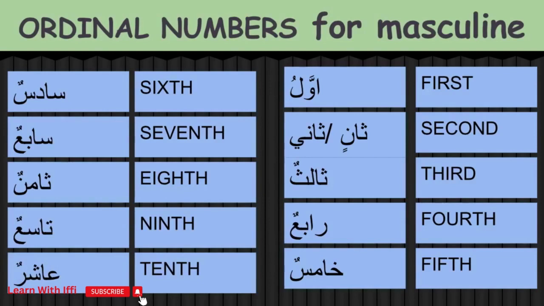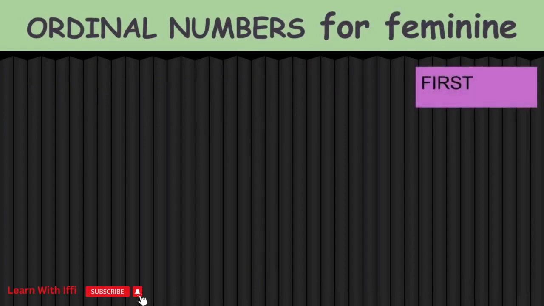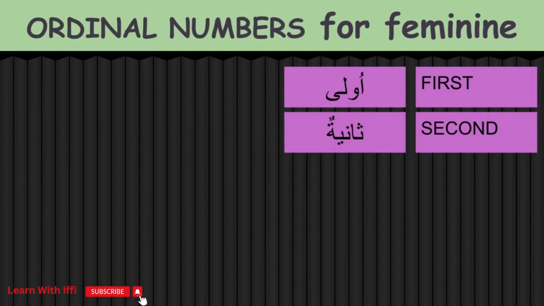So this is for masculine: awwalu, thani, thalithun, rabi'un, khamisun, sadisun, sabi'un, thaminun, tasi'un, and ashirun. And going to feminine ordinal numbers, the first will be ula. So for the masculine we have awwalu, and for the feminine noun it will be ula. And second will be thaniyatun, fa'ilatun.